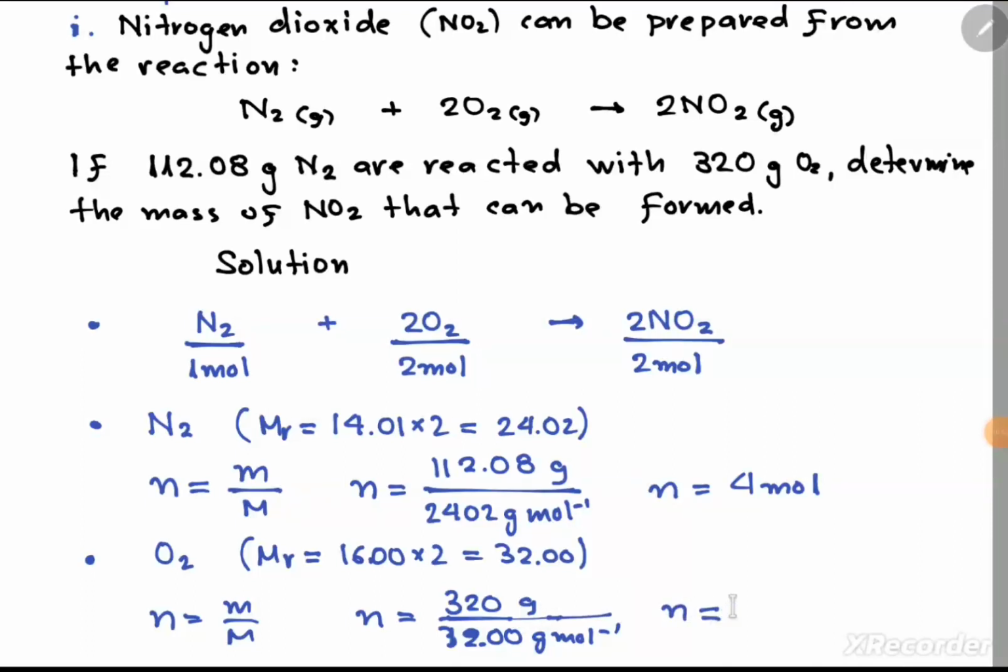And the number of mole is 10 mole. Of course, we don't know which reactant reacts exactly, so we have the excess control. Let's see how we succeed excess control.